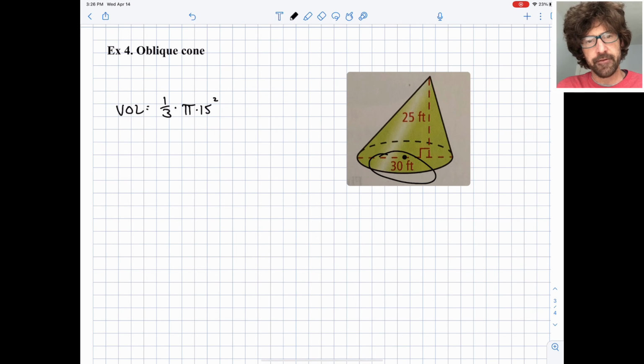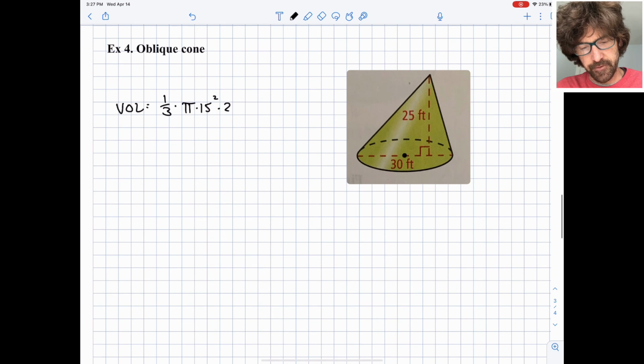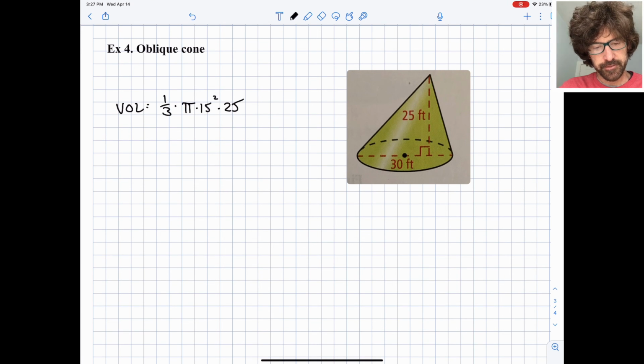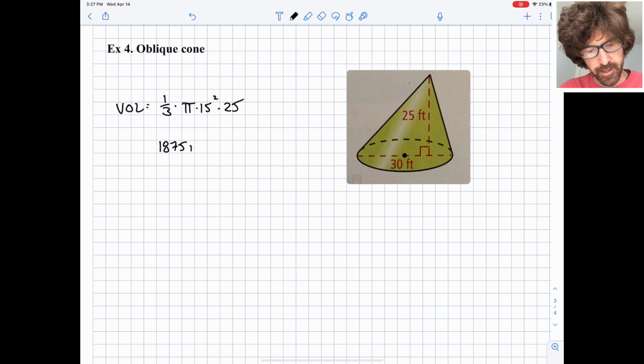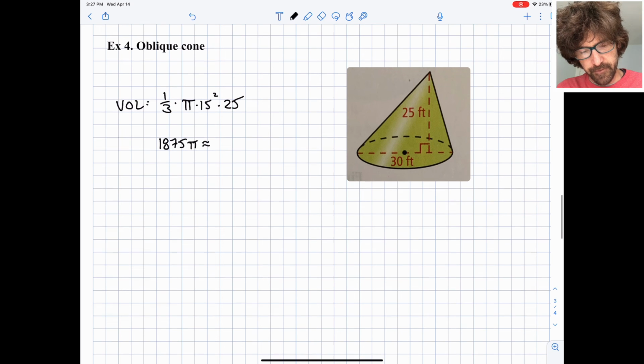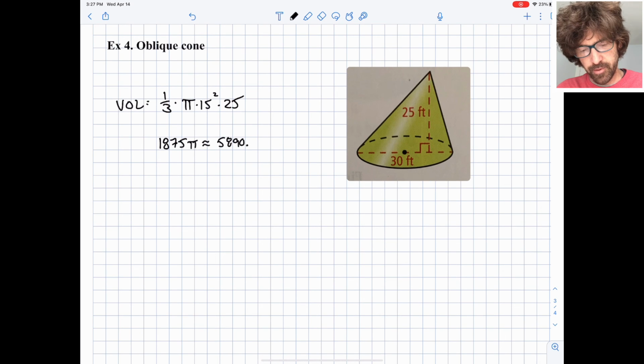Remember, we want to use half of that diameter to get a 15, times 25, which is the perpendicular height. I'll just go to my calculator to do that. So I get 1875 pi, which is approximately equal to 5,890.49, and this would be cubic feet.